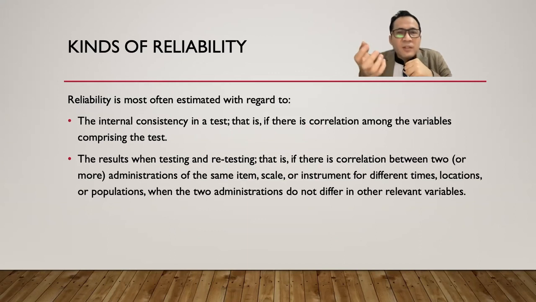Then, two weeks later, you give the same test to the same students, and you get the scores, and then you compare the two scores at different times and correlate them. If the correlation is high, then your test has internal consistency.